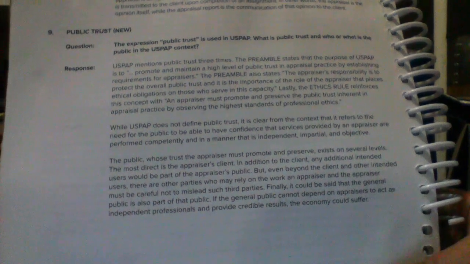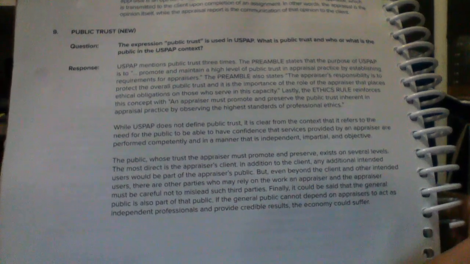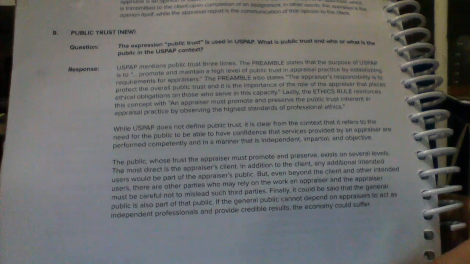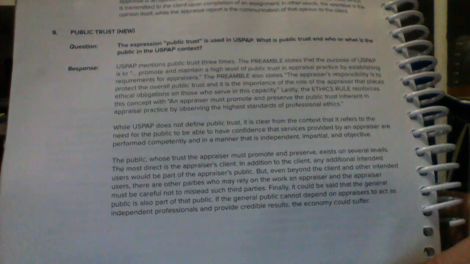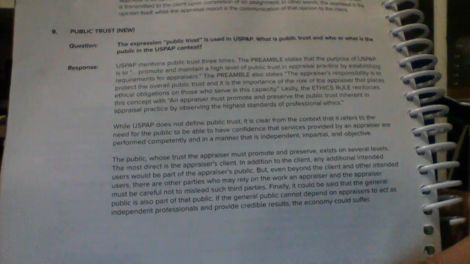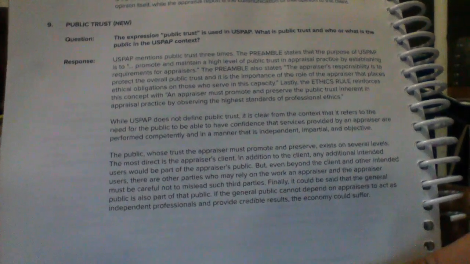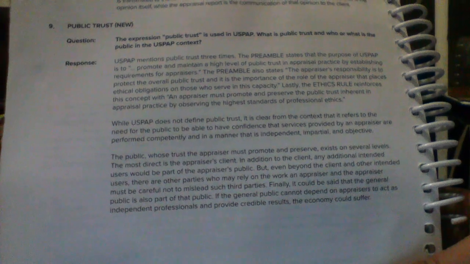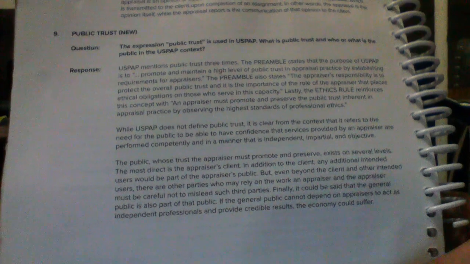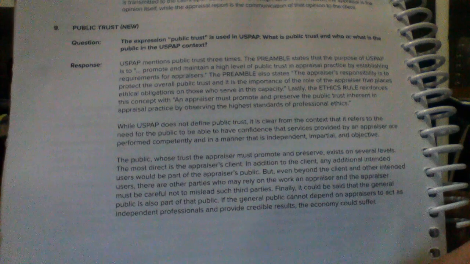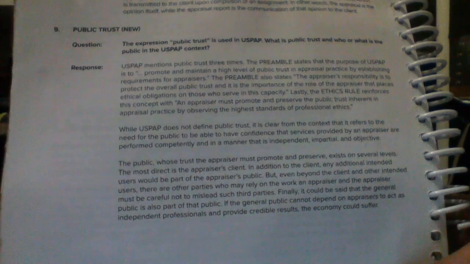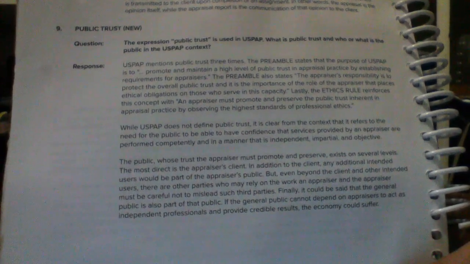The preamble also states the appraiser's responsibility is to protect the overall public trust, and it is the important role of the appraiser that places ethical obligations on those who serve in this capacity. Lastly, the ethics rule reinforces this concept: an appraiser must promote and preserve the public trust inherent in appraisal practice by observing the highest standards of professional ethics.